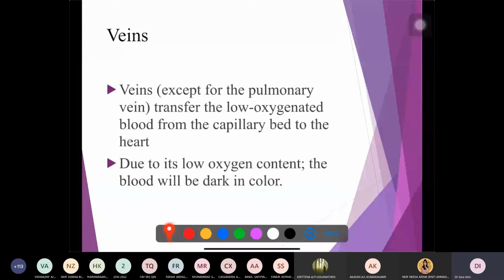Okay, so from arteries into capillaries, back into veins. Veins transfer low-oxygenated blood, except for your pulmonary vein. They transfer this blood from the capillary bed back to the heart. Due to its low oxygen content, the blood in your veins is always darker in color. If you ever had a venipuncture, blood withdrawn from the anterior part of your elbow, the cubital fossa of your upper arm, you find that the blood they take is a very dark shade of red.